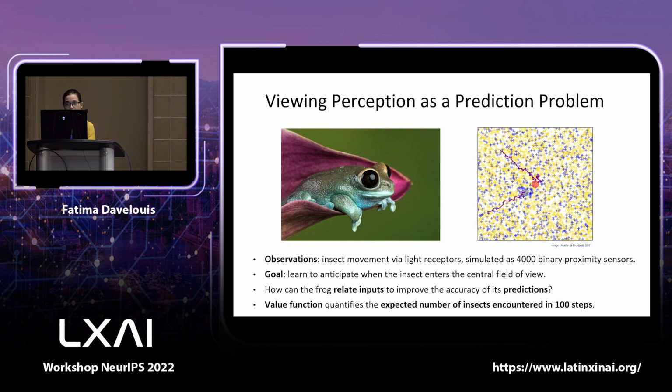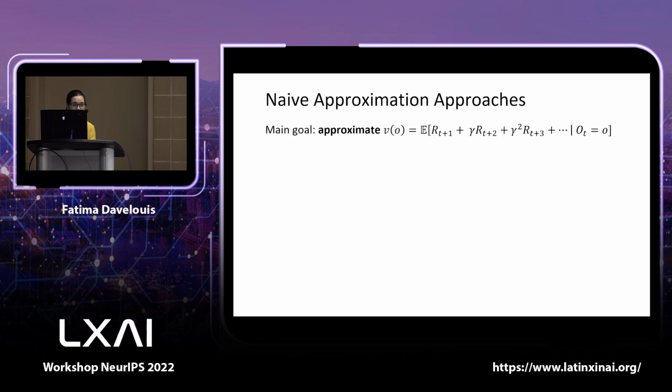So to generate a current observation, we corrupt this binary vector with noise by sampling a small percentage of the sensors and flipping their values from 0 to 1 or from 1 to 0. The value function we want to learn quantifies the expected number of insects encountered in 100 steps.